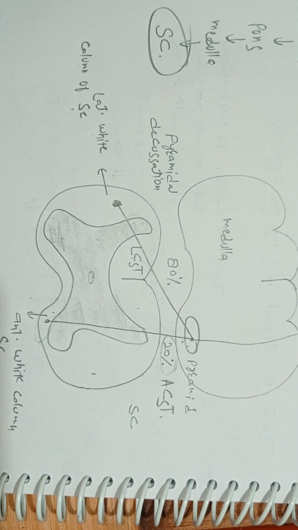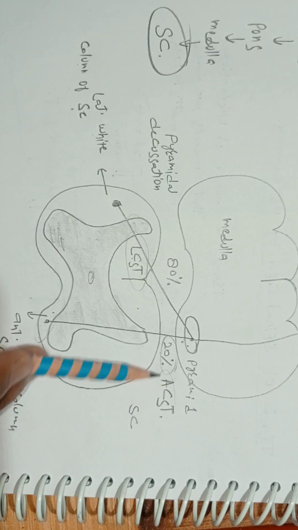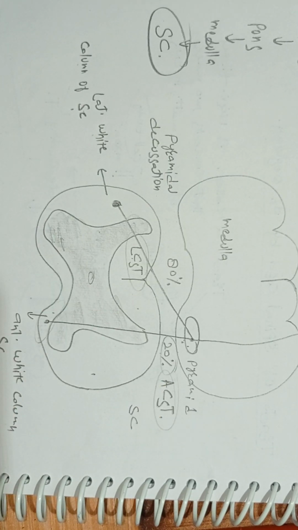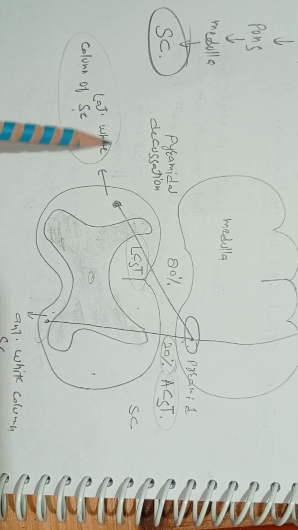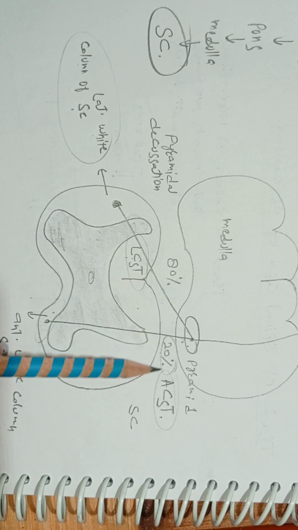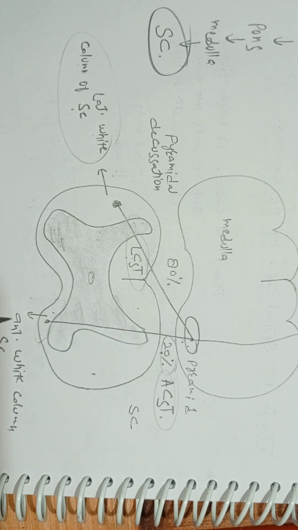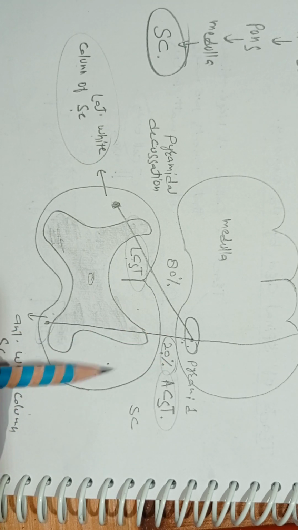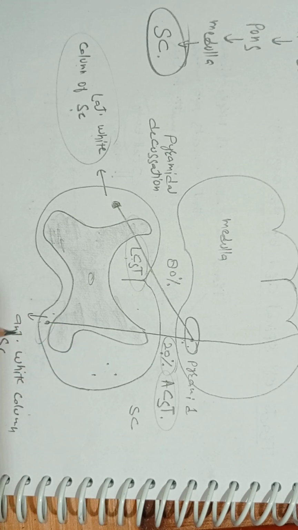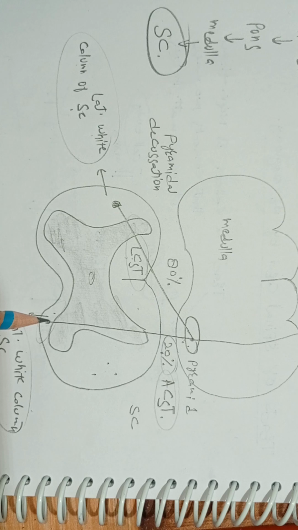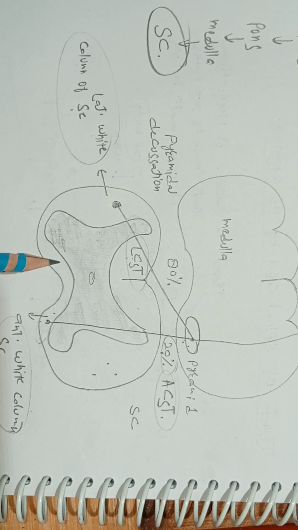The thing I talked about, that the corticospinal tract has two parts: the lateral corticospinal tract and the anterior corticospinal tract. 80% of fibers move to the lateral white column of the spinal cord, they form the lateral corticospinal tract. 20% of fibers move on the same side, but they do not go to the lateral white column of the same side, they go to the anterior white column. Clearly? So the anterior corticospinal tract runs in the anterior white column.